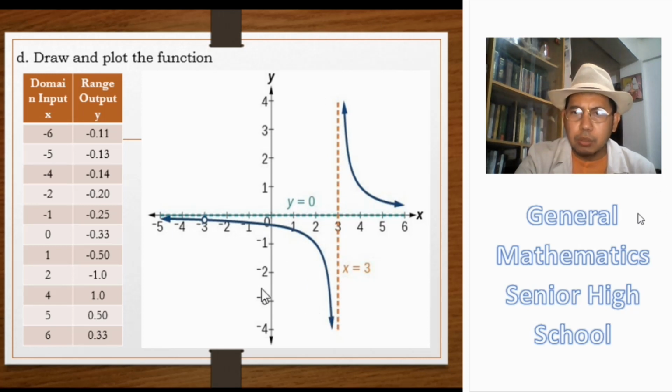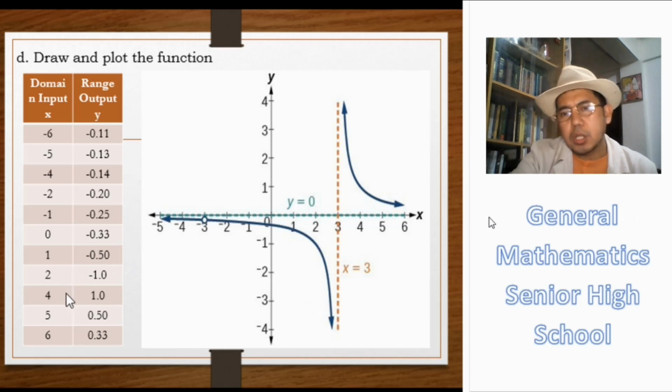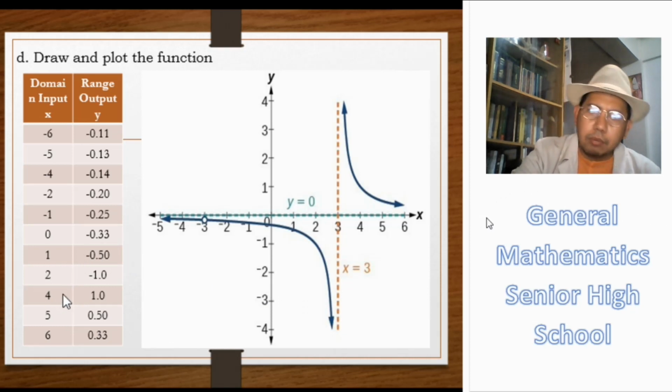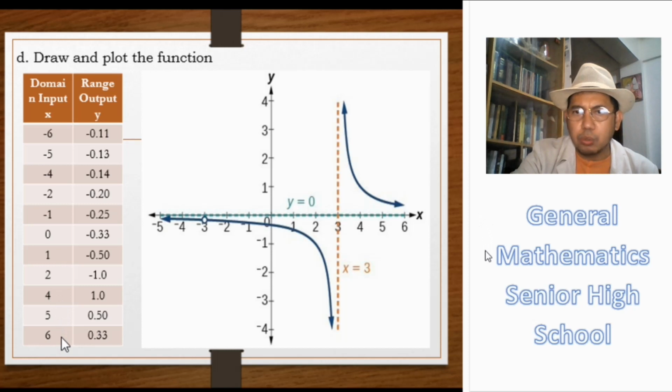Now you will notice also that when my x will be from positive 4 going up to positive 6 or to infinity, now you will notice that my graph will be coming from this point, going down, and it will be going to your right.